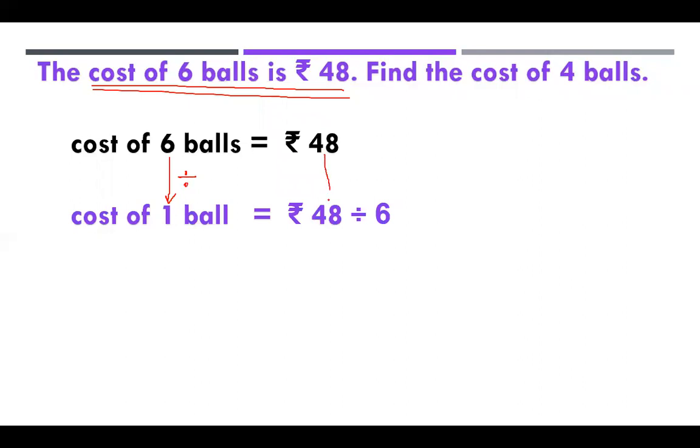Then 48 is also divided. If you are dividing over here, you have to divide over here also. So we have to divide 48 by 6. Here we are dividing by 6, right? So 48 divided by 6 will give you 8.